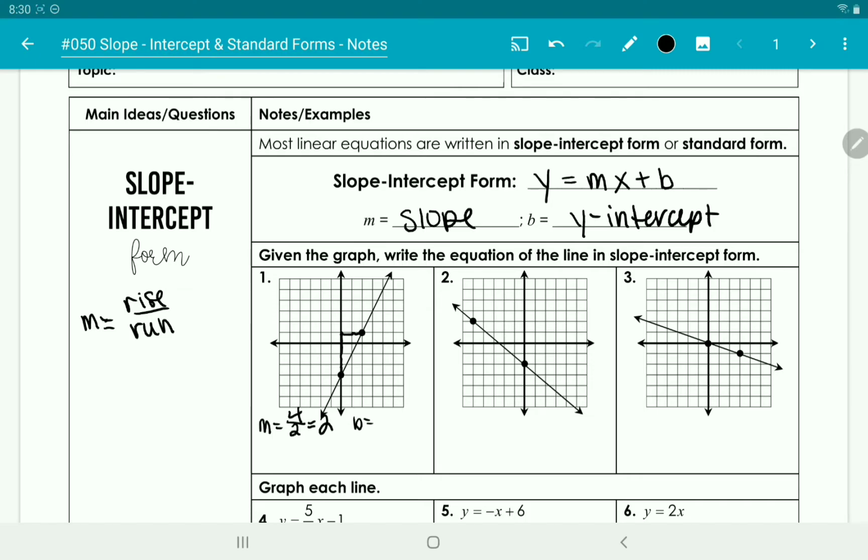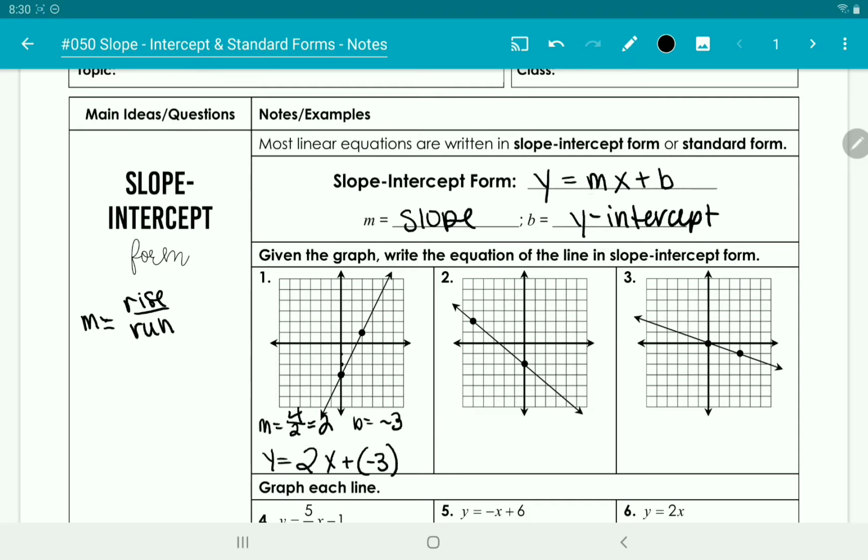And then b, in order to find the y-intercept, you're going to count how far up or down from 0, the origin in the center here, you have to go to get to the point on the y-axis. So we go 1, 2, 3, and it's down. You go down 3, so it's going to be negative 3. So we're going to do y equals, it's m, so we take our m, we replace it with 2, because we know that m is 2, x, and then it's plus, and then b is negative 3.